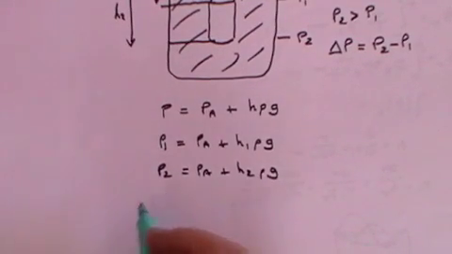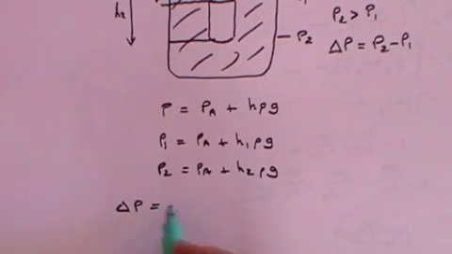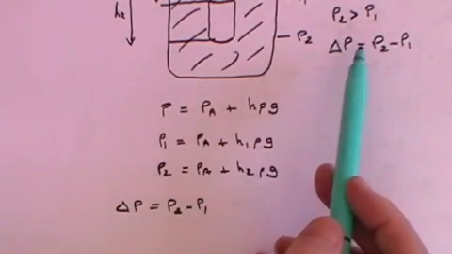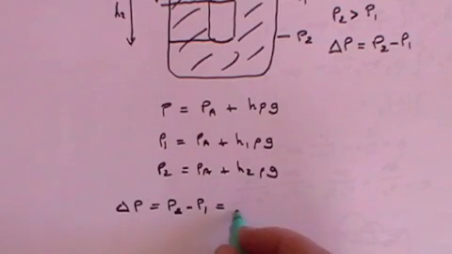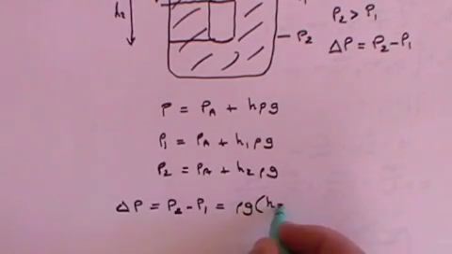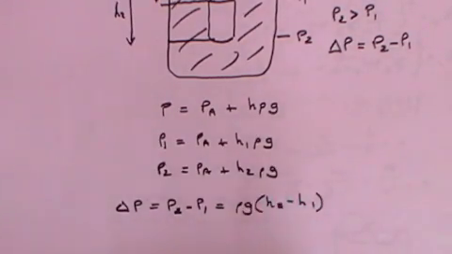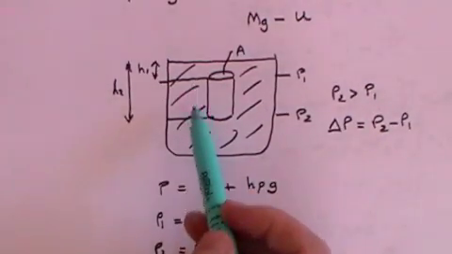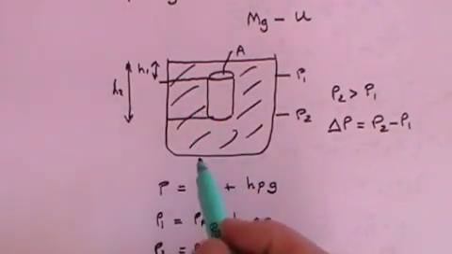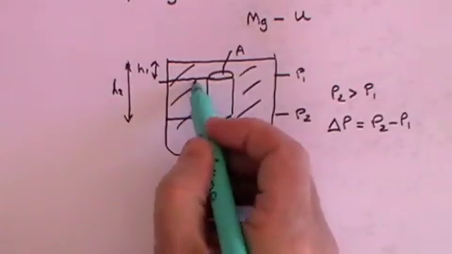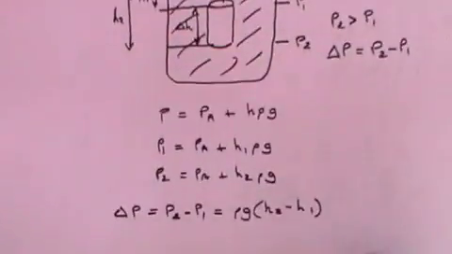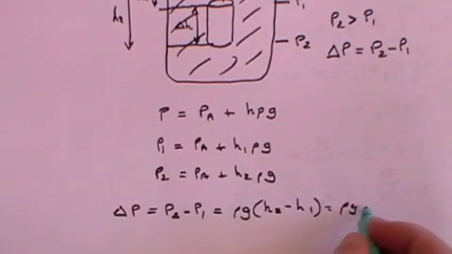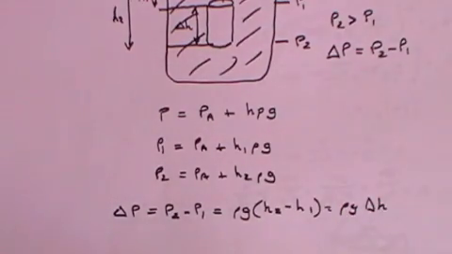And the difference in pressure, delta P, which we defined as P2 minus P1, is going to be equal to rho g into h2 minus h1. And we're going to call that the difference in height, which is this distance here, delta h. So this is rho g delta h.